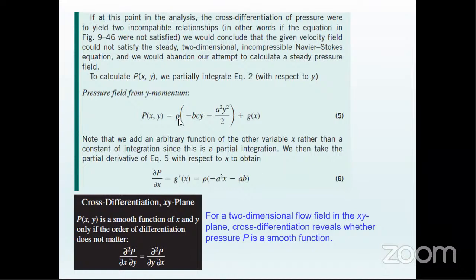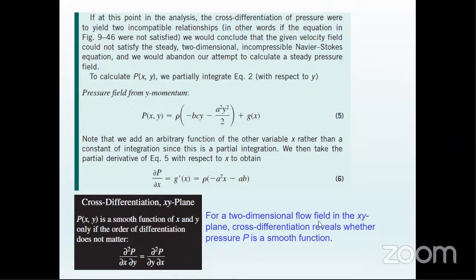If that is the case, rho times minus a square x minus a times b, which means cross differentiation of this in the xy plane. For example, p of x comma y is a smooth function of x and y only if the order of the differentiation does not matter. Then only can we call it smooth. In the sense that the double derivative of the variable p along xy, or yx, should be the same.